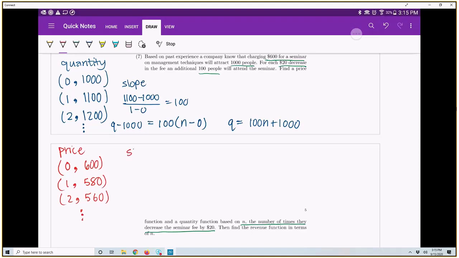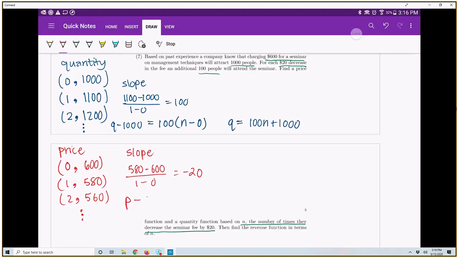So if I wanted to find the linear equation for price, I again can use any 2 points. So let's say I do 580 minus 600 over 1 minus 0. That's negative 20. No surprise, because I'm subtracting $20, so negative 20 makes sense. And then I would say, instead of Q, now I'm using P for price.